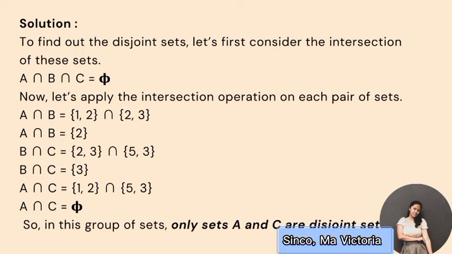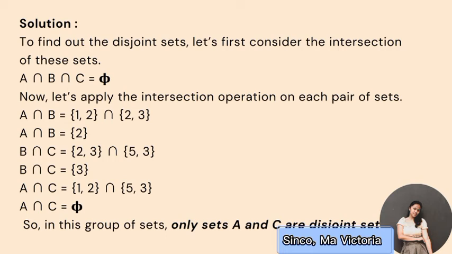So, the intersection of this pair of sets is A intersection B equals {2}. The next pair of sets is B intersection C, which is {2, 3} intersection {5, 3}. And the intersection of this pair of sets is B intersection C equals {3}.